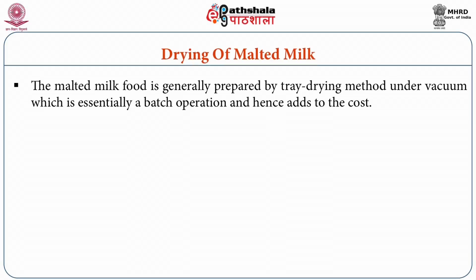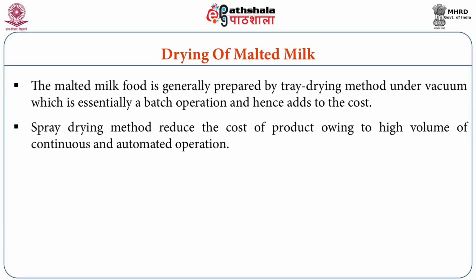The malted milk food is generally prepared by tray drying method under vacuum, which is essentially a batch operation and hence adds to the cost. Spray drying method reduces the cost of the product owing to high volume of continuous and automated operation.